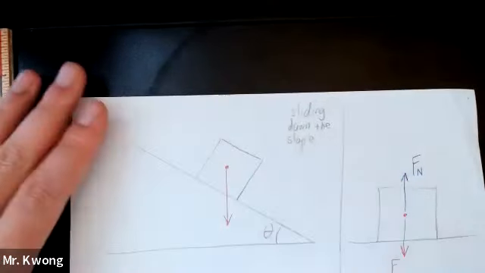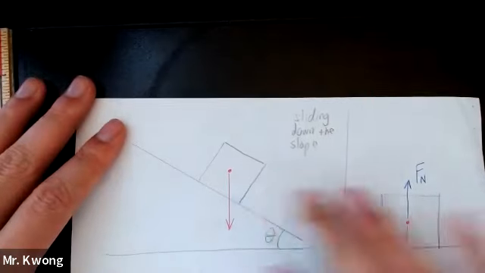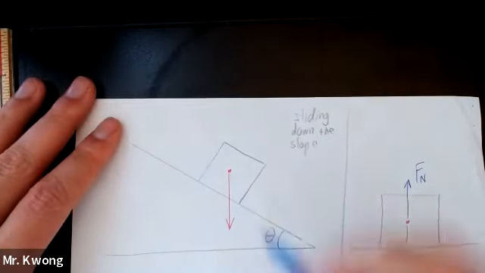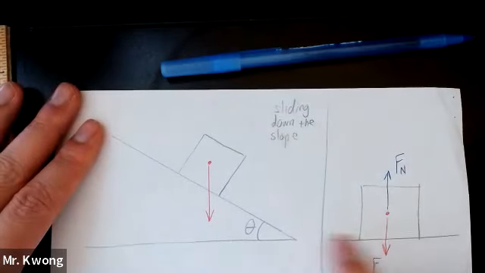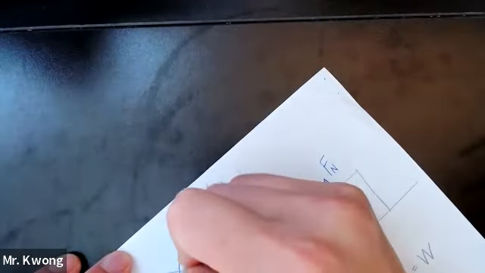Now, we've said that the normal force here does not behave the same as when the box is on the flat surface. Instead, we have the normal force like this, because the normal force, as you remember, comes from the surface the object rests upon.